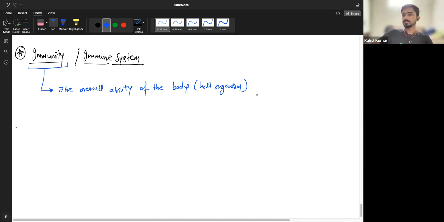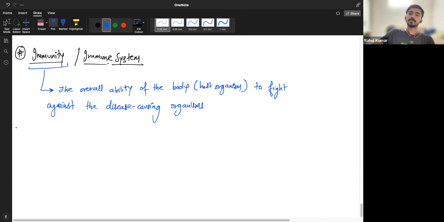So the overall ability of the host organism's body to fight against the disease causing or infection causing organisms due to an immune system present is called immunity.